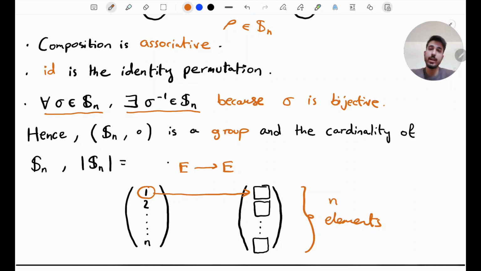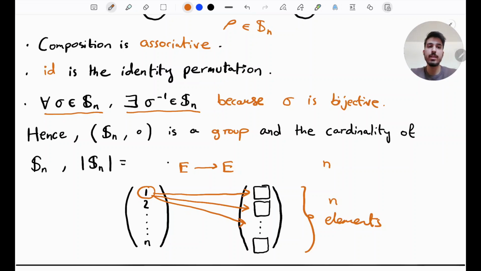The first element can be sent over here. That is what the identity can do. But it also can be sent over here. It can be sent over here. It can be sent to n places because we have n positions where it can be sent to. So there are n possibilities, first of all, for the first element.